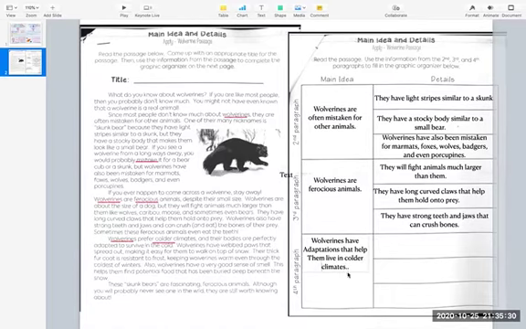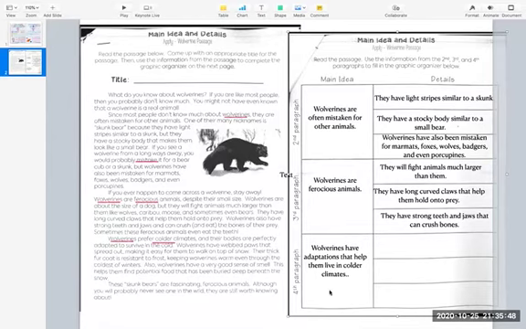Go back and do some correcting. Wolverines have adaptations, should be lowercase, that help them live in colder climates. Okay, so now I have to come up with some key details that support this main idea statement.